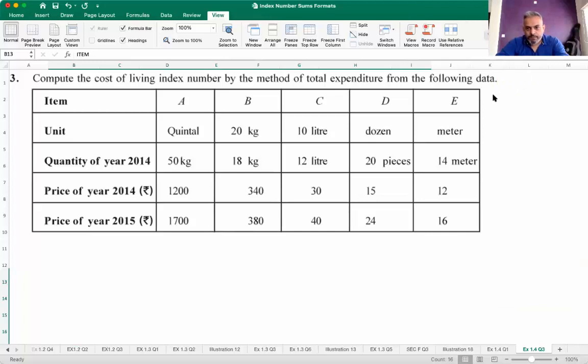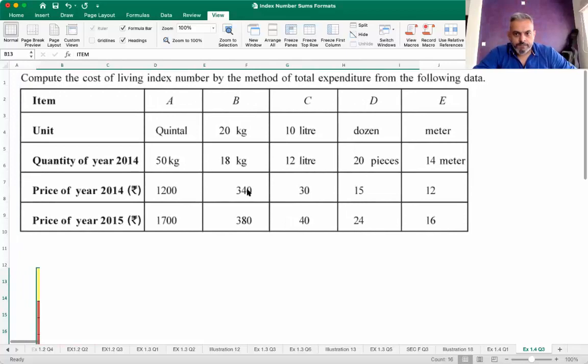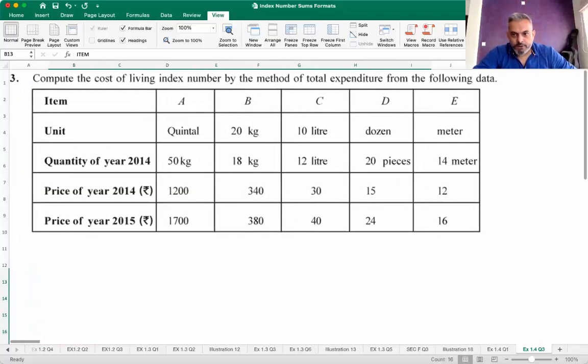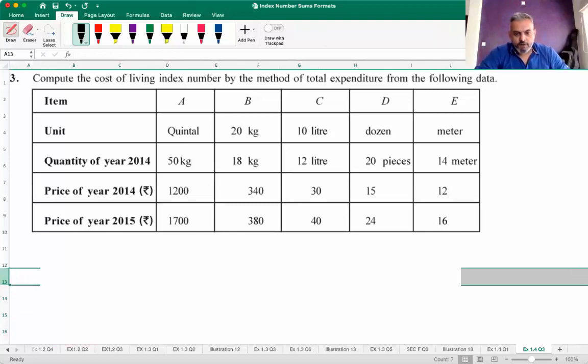Now, exercise 1.4, question number 3. Compute the cost of living index number by the method of total expenditure from the following data.